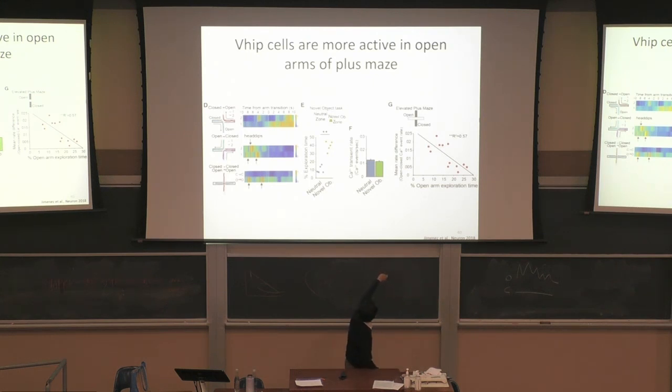So this mouse would have a high y-axis point there. So basically what they're showing is that mice like that had a very high difference in ventral hippocampal activity, those mice also explored the open arms less.